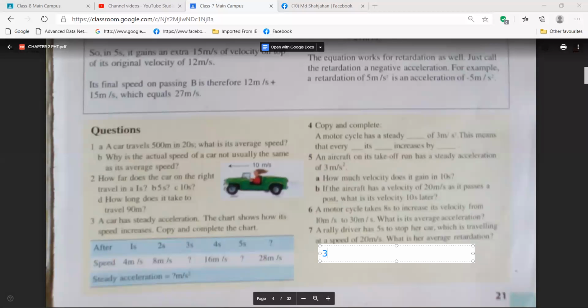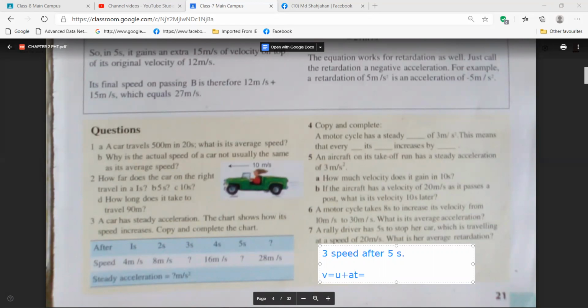Question 3. Speed after 5 seconds. So how to do it? We'll use the formula, right? V equals U plus AT. Check it. Then what is the value of U?